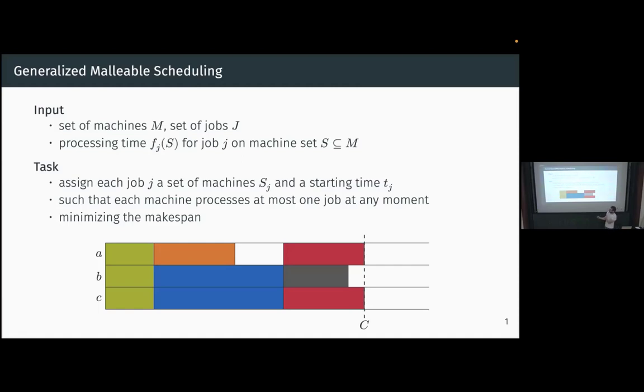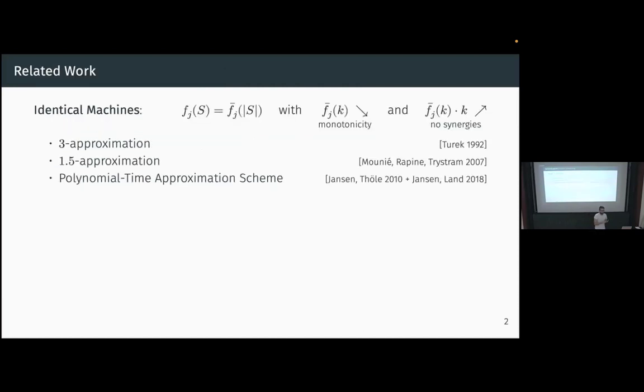Because malleable scheduling in general is actually this model where you can distribute jobs. So the generalization here is that classically, when people talk about malleable scheduling, what they actually talk about is the identical machine case. So this is the case where the processing time of a job just depends on the number of machines, right?